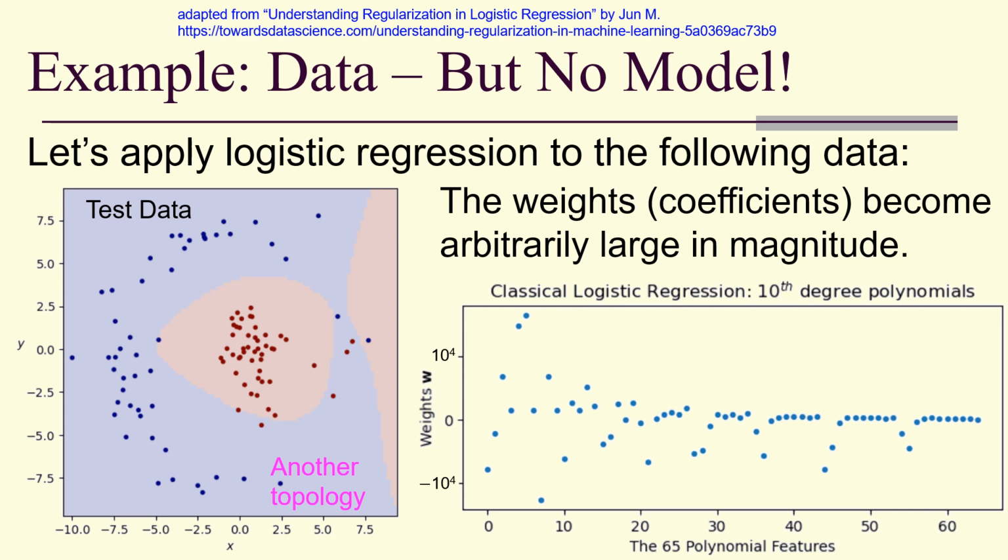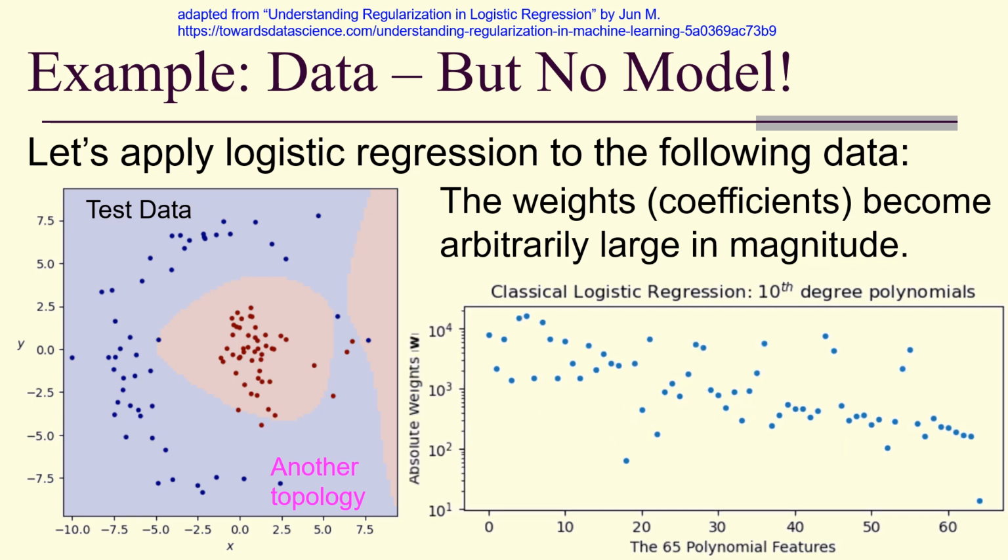But some of the weights are relatively close to zero. Massive changes in magnitude in the weights here. Here we look at it logarithmically, but you can see the same thing. So much of the data is absolutely magnitudes 1,000 to 10,000 of these coefficients. They're big, they're huge.